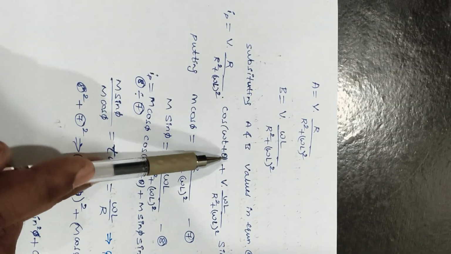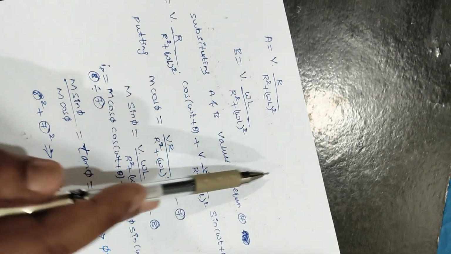What is the i_p equation? The i_p equation is nothing but a cos(ωt + θ) plus b sin(ωt + θ). The a value and b value I have substituted here.